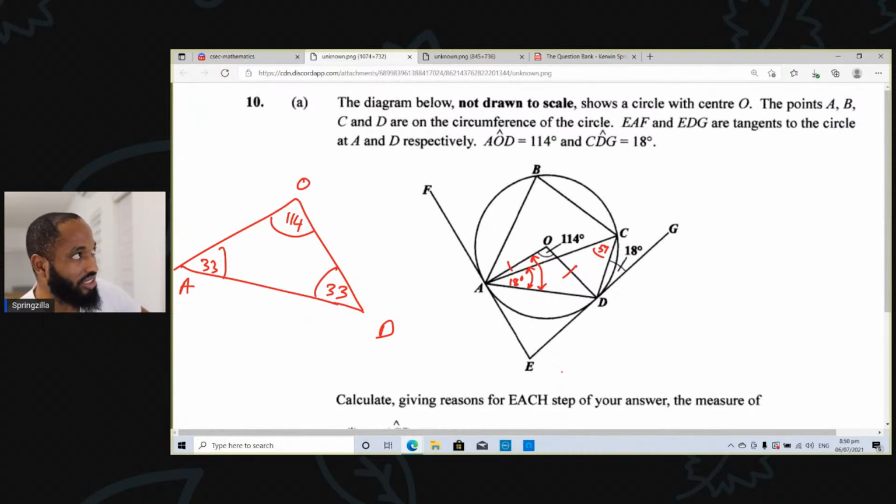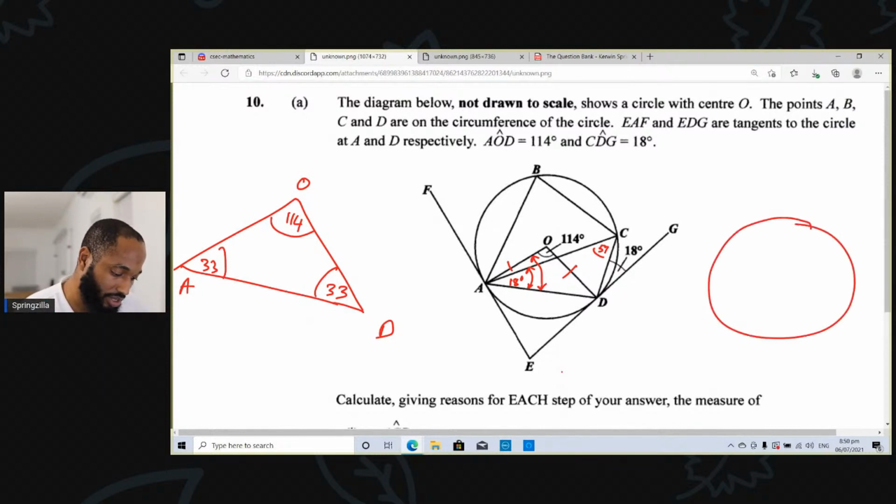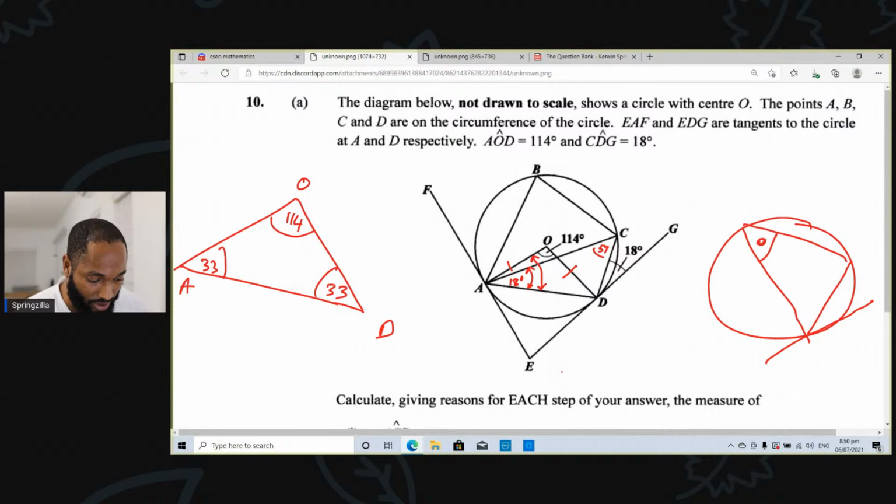This is called the alternate segment theorem. Let me separate that so you can see it. If you have a tangent and a chord here, any triangle you make, this angle up here will be the same as this angle here with the tangent. So the angle between a tangent and a chord is equal to the angle in the alternate segment.